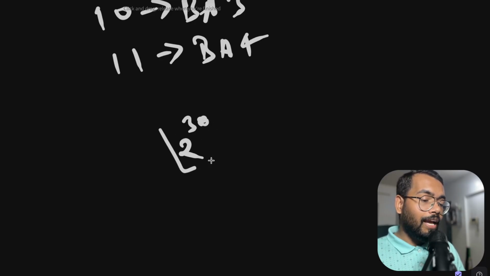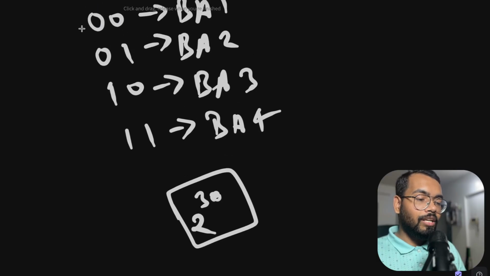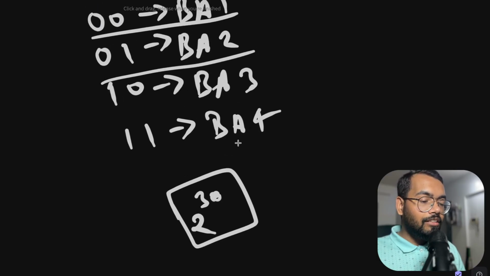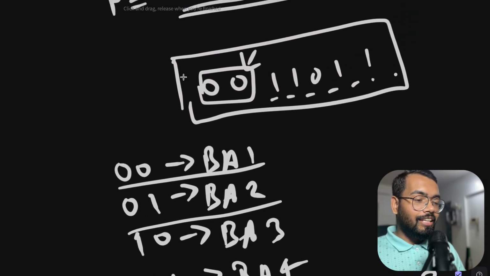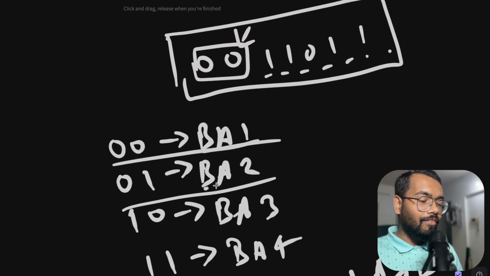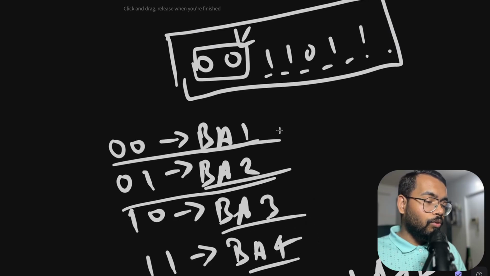So this is the maximum number that we can represent with the pointer now, because these 2 bits are only used for defining where we need to go, and this 2 raised to the power 30 will translate to 1 GB. Okay, it will translate to 1 gigabyte of space. That's all it will translate to, which means that these 4 base addresses will eventually only have 1 GB available to each of them.